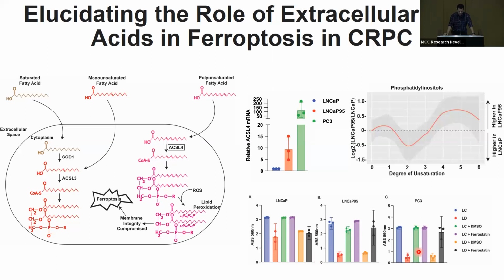This result shows that ferroptosis can be induced in CRPC models, but not castration-sensitive models, by removing extracellular fatty acids. So the overall goal of my project is to continue studying how ferroptosis can be induced in castration-resistant prostate cancer as an alternative therapy for this disease.